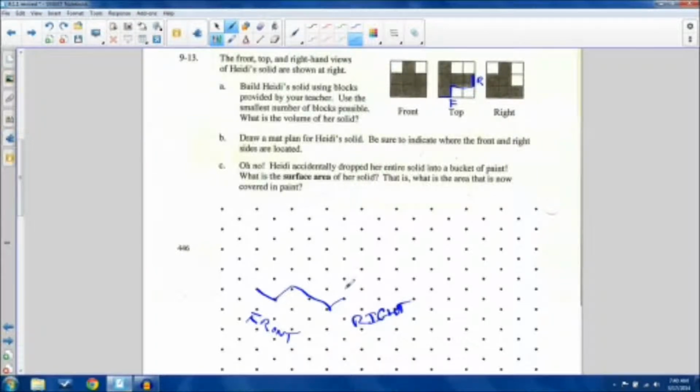Now I'm going to use that because it goes back here, but I can't see it because I'm going to draw upward. Now I'm going to use the top, the front, and the right to get a better understanding of what everything else looks like here. From the front, I can see that everything's covered at least 2 stories.